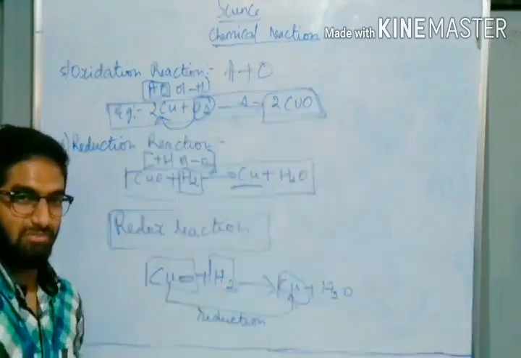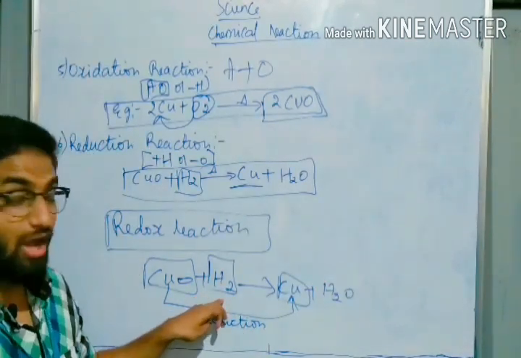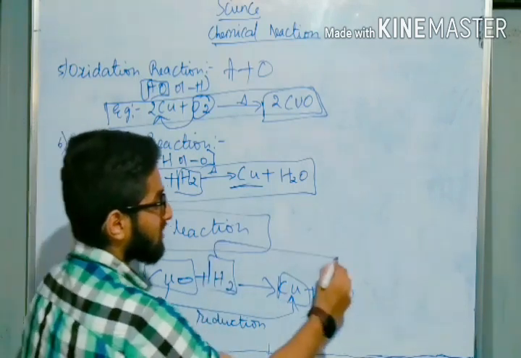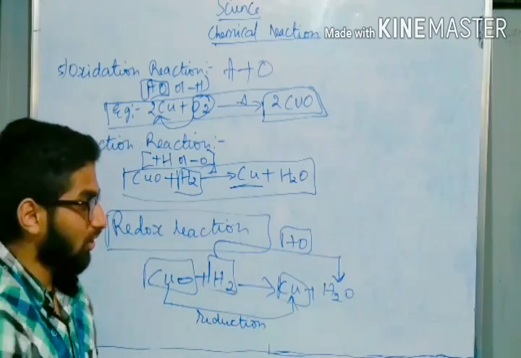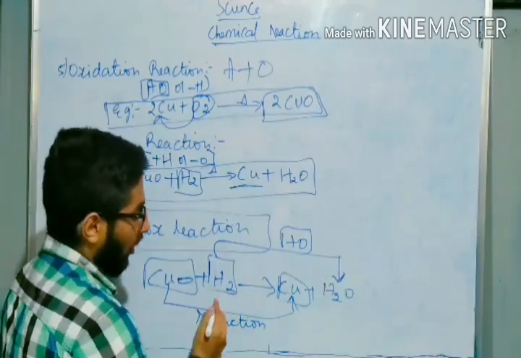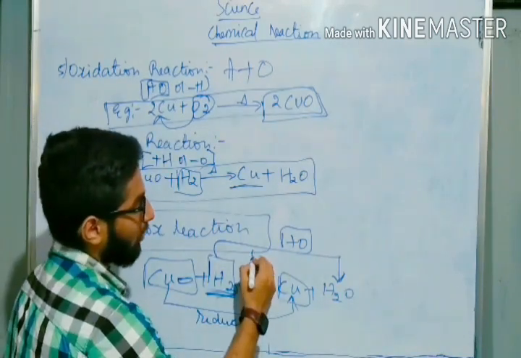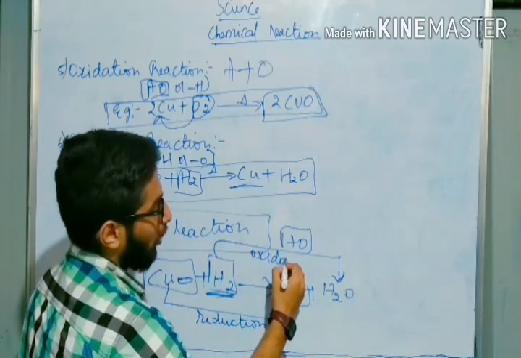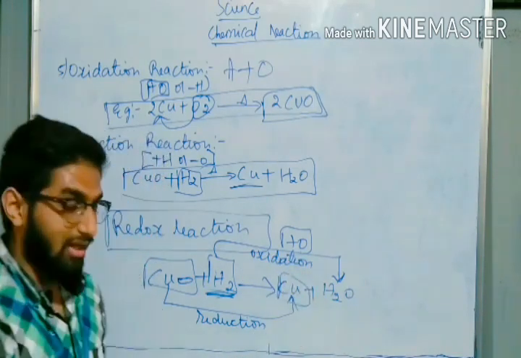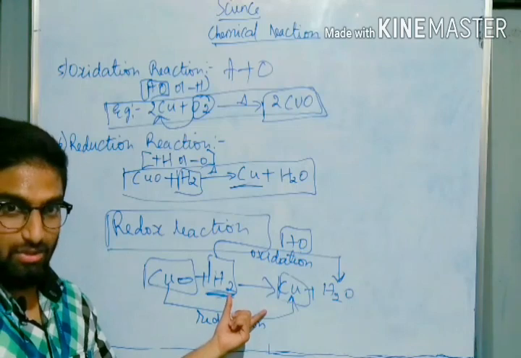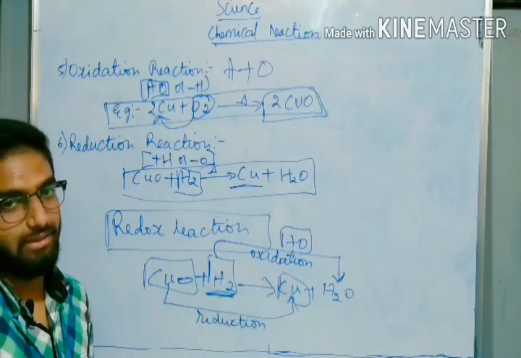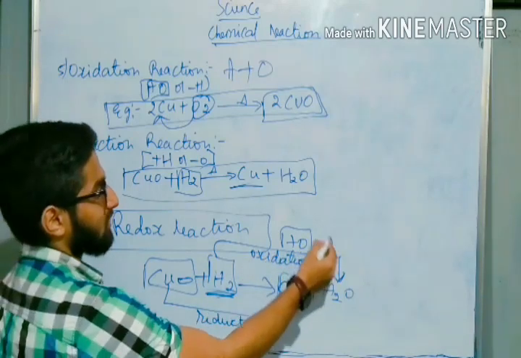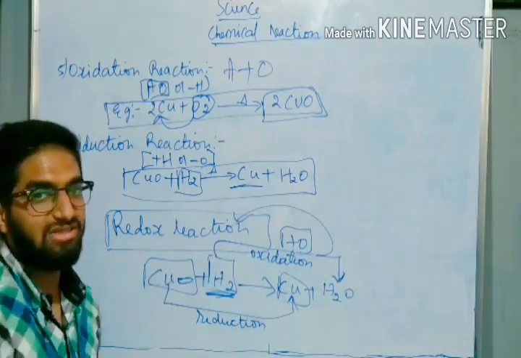But if you see in the same equation, you have hydrogen, which is gaining oxygen, correct? So this hydrogen is undergoing oxidation. So in a single equation, there are both reduction and oxidation reactions taking place. So this reaction we call redox reaction.